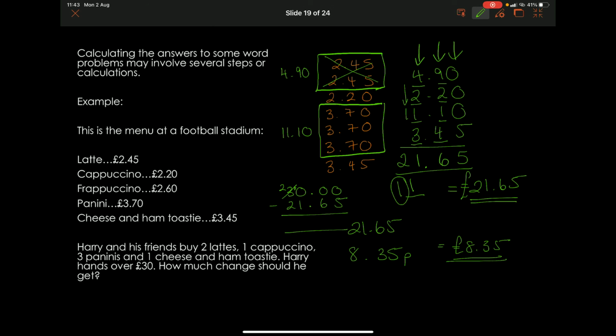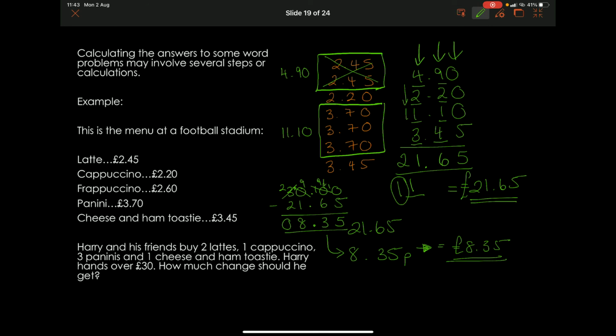We'd have then taken from that and made that a 9 and made that into a 10, and taken from that and made that a 9 and made that into a 10. Okay, because you need that 10 to do 10 take away 5. 10 take away 5 is 5. 9 take away 6 is 3. 9 take away 1 is 8. And 2 take away 2 is 0. So you still would have got £8.35 anyway. Okay. So just be very careful when you're working things out without a calculator.